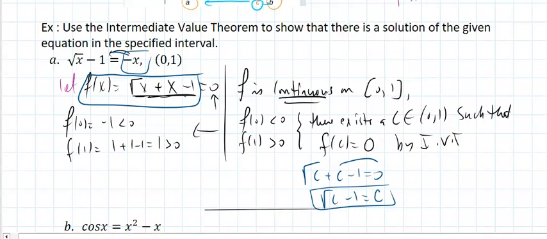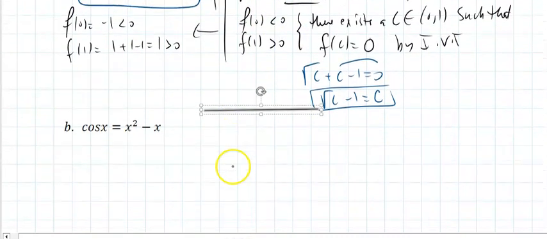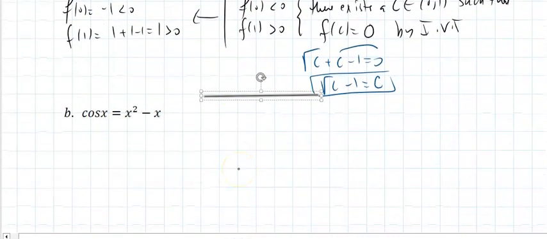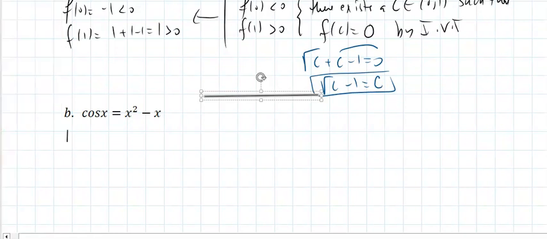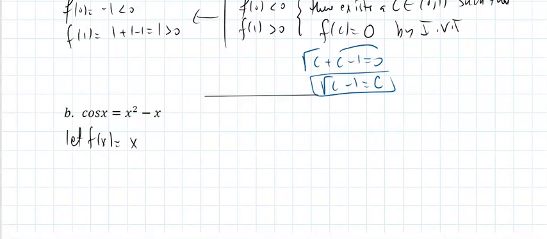Now, say they didn't give you an interval. You say, okay, where does cosine of x equal the parabola? Well, you say let f of x equal, and you move everything to one side, 0 on the other side. It doesn't matter which way you move those. Now you could play with that. You could say, okay, let's see, f of 0 is 0 minus 0 minus 1.